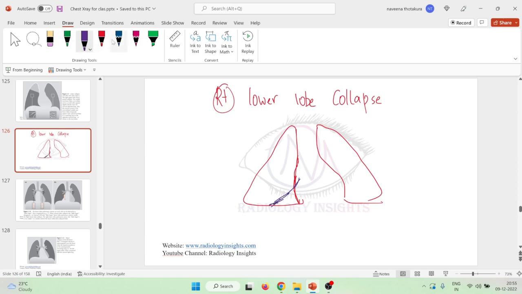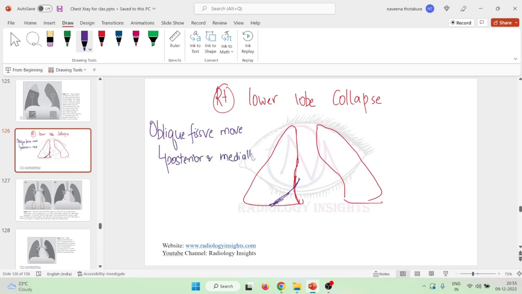So there is collapse of the right lower lobe. This oblique fissure will move posteriorly and medially. So number one, this is the oblique fissure, and it will move medially and posteriorly.